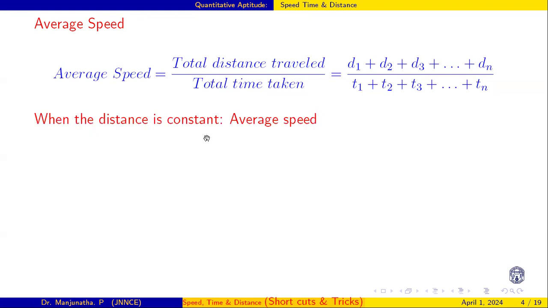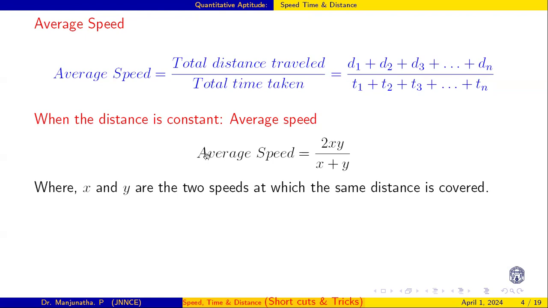Next, when the distance is constant, what about the average speed? When the distance is constant, the average speed of the vehicle is 2xy divided by x plus y. The condition here is that the distance is constant.